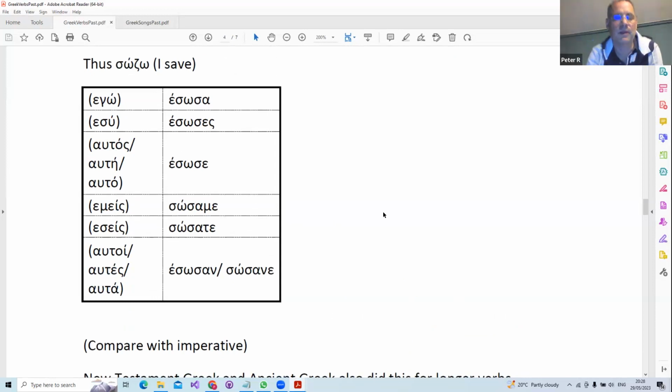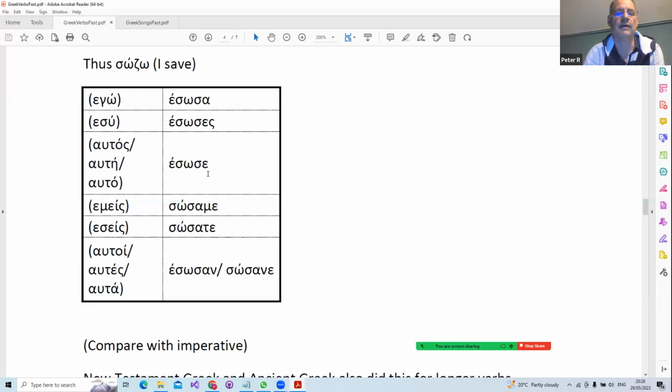Okay, great. So we did the imperative, where you're telling someone what to do. And if you remember, for the imperative, for the you version, one person, you put an e on the end, and you also try to move the tonos back if you can.